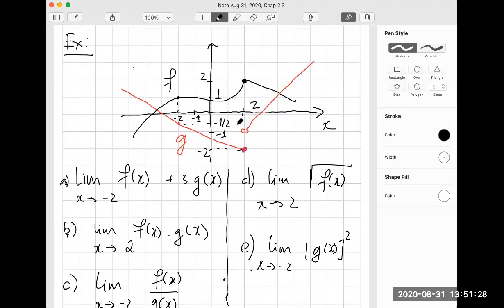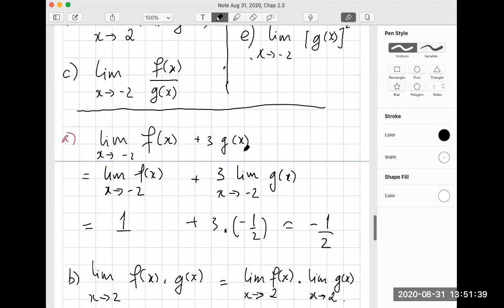When x approaches 2 from the left side, g of x will be -2, right? We know that.